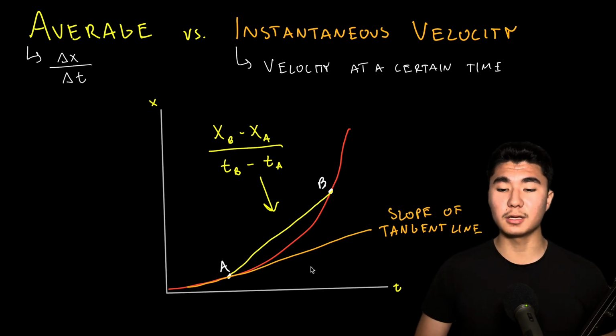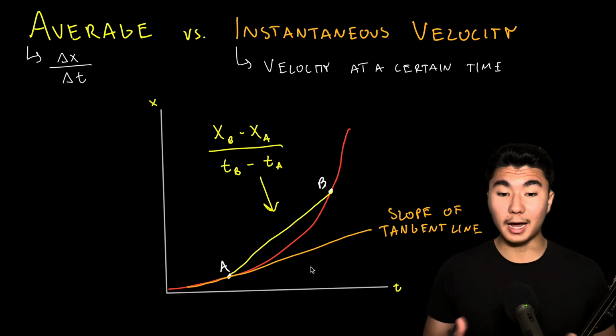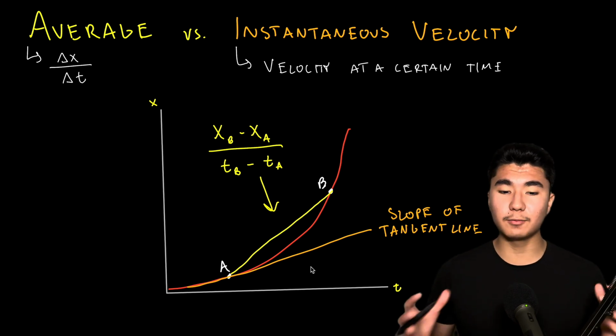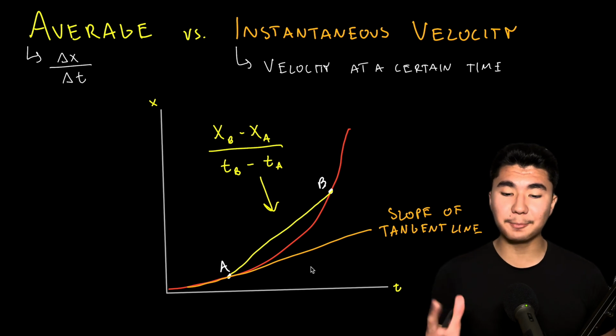So from a conceptual standpoint, it's really easy to differentiate instantaneous versus average velocity. Average is the average over the total, and instantaneous velocity is at that certain time, or for this example, at that certain point A.